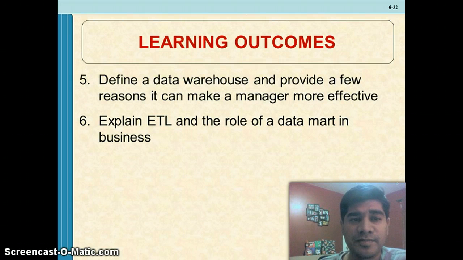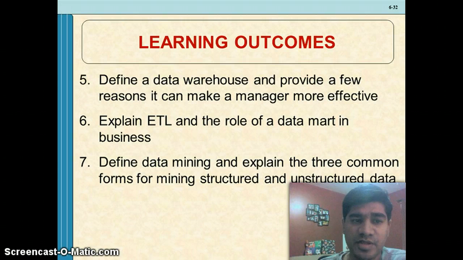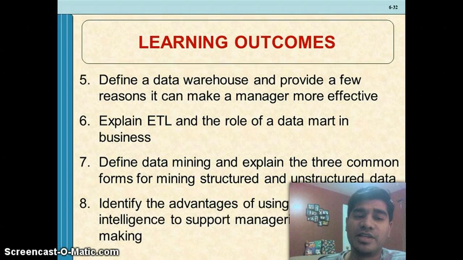Explain ETL and the role of data mart in business. We'll talk about data mining and the three forms of mining structured and unstructured data from the web. And then we'll identify the advantages of using business intelligence to support manager decision making.